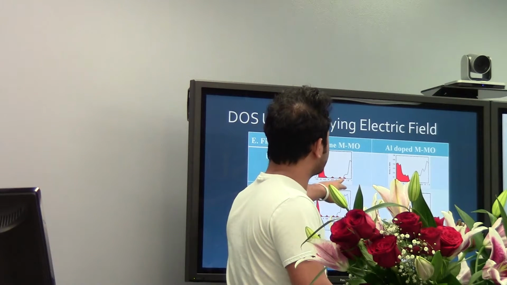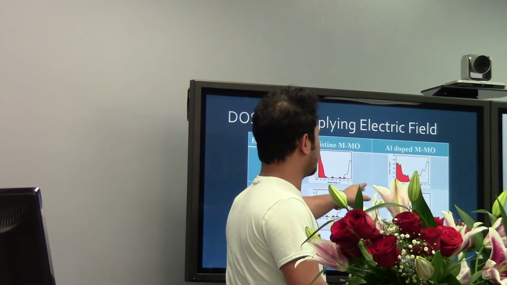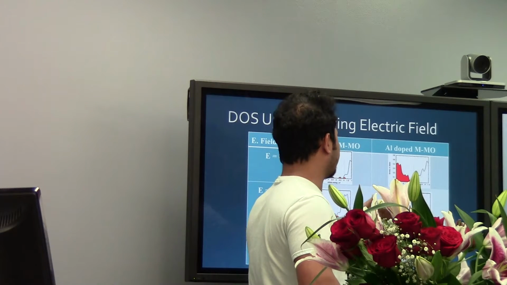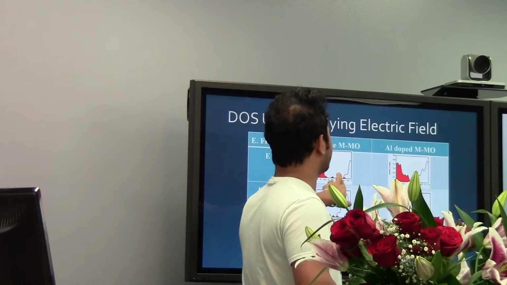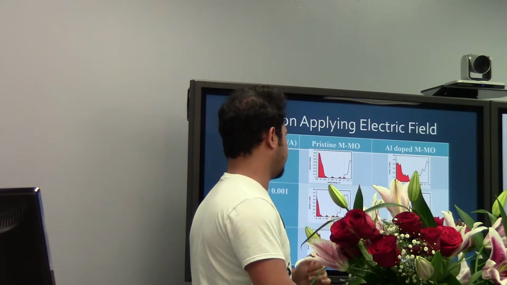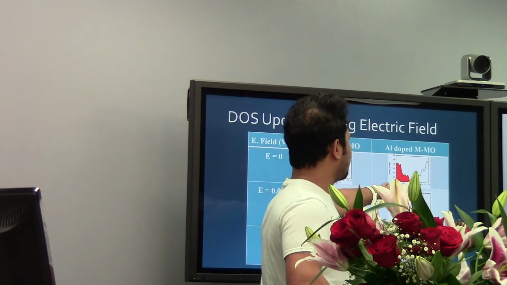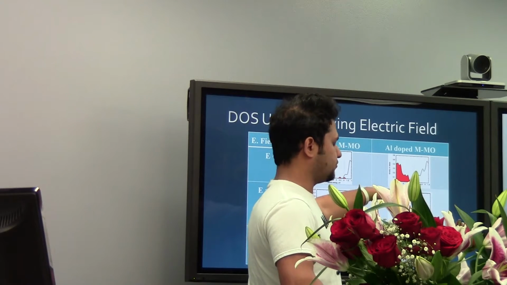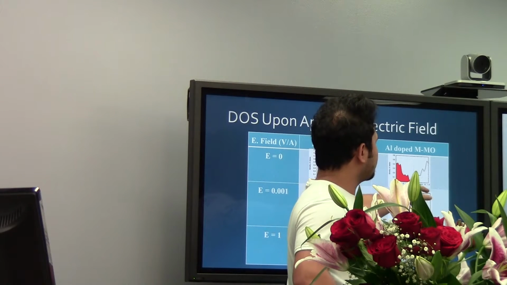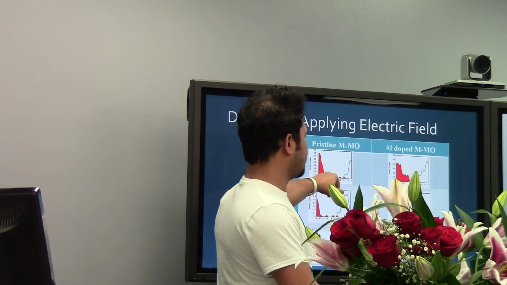In the pristine system, there is an overlap at the Fermi level, which is here, and the occupied states show some metal characteristics, but there is a significant energy difference between HOMO-1 and HOMO and the lower energy states. When I put in the aluminum dopant, it gives more continuous orbital occupations, and the overlap of the unoccupied states is also higher than in the undoped system.